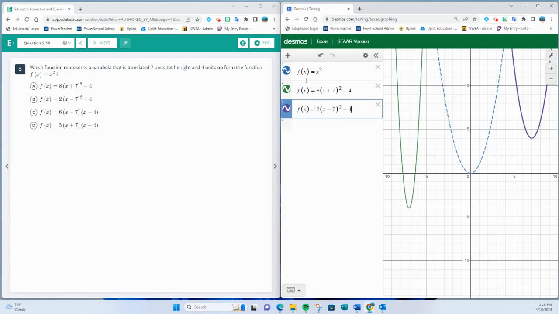And it wants it to go 7 units to the right and 4 units up. If I look at purple, let's just try out a couple of the others just to make sure, but I think it's going to be that purple one. That would move to the right, and it also moved up.